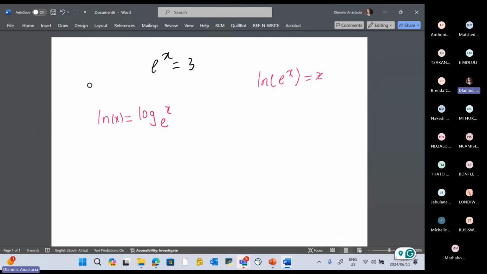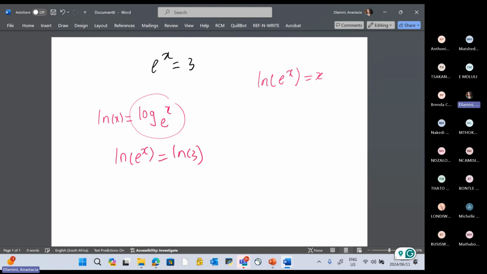So that's the natural logarithm. Meaning that what we did here, we actually took the log base e by saying ln of e to the power of x equals ln of 3. We are basically saying the same thing as log base e of e to the power of x is equal to ln of 3. Are we all together there?